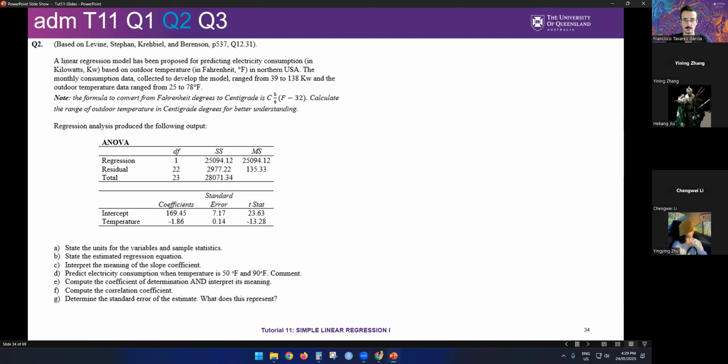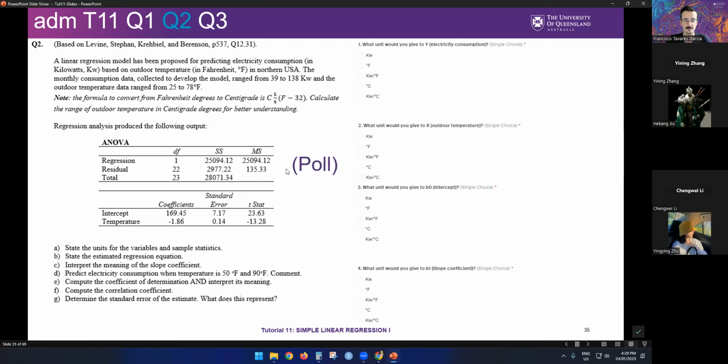All right, 2. This time I have a little poll for you. Although it might look like what we usually do, this time I'm just asking about the units that we're going to use. So let's launch it, just 4 questions.